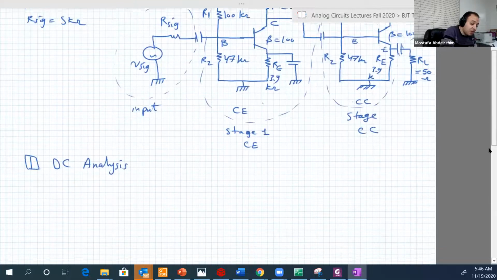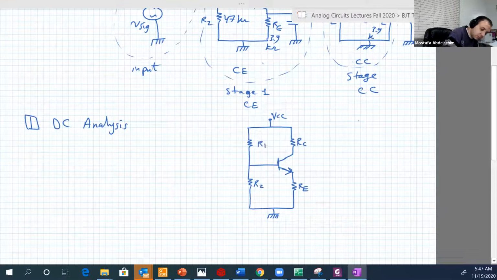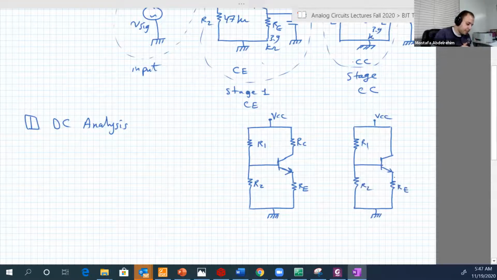So let's draw them without the capacitors. So this is stage 1.